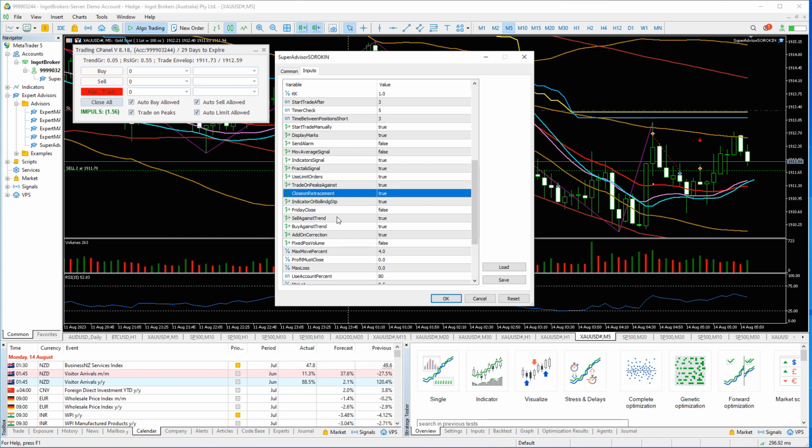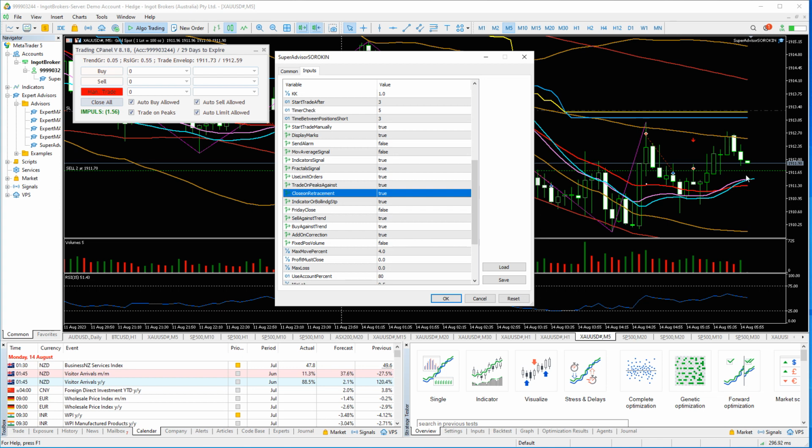Close on retracement means we have a different stop logic. The system is put there to control your position. It can keep the stop very close. Use that logic, and it's also analyzing current volatility, or it can use the logic of my indicator.